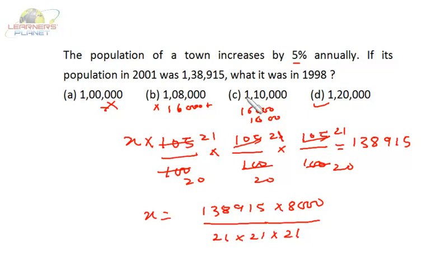Since all the answers are in whole numbers, or integers, this particular number, 138915, will definitely be a multiple of 21 and 21 and 21 once again. So definitely if you divide it by this data, you'll be getting an integer. So you can do the calculation on your own, and I have told you the approximation method also. So both the methods are with you. You can choose as per your choice. Okay, let's take the next question.